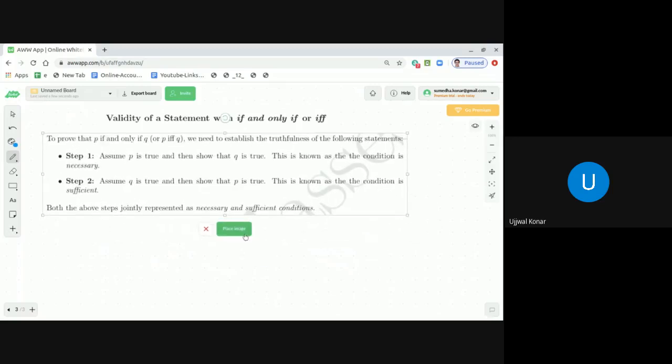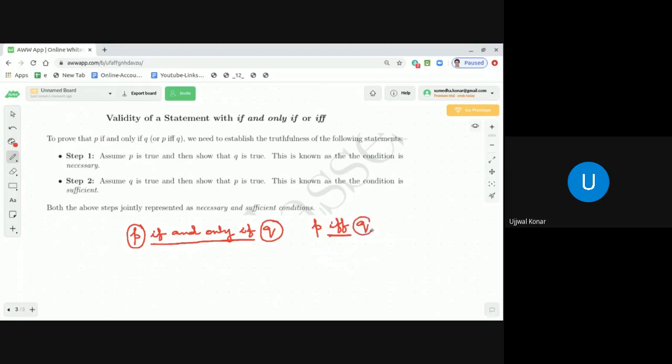To prove that P if and only if Q, what does it mean? We can write it here, dear students: P if and only if Q. This is statement P, this is another statement Q, and what you get in between is if and only if, also written as P IFF Q. So what is meant by that?